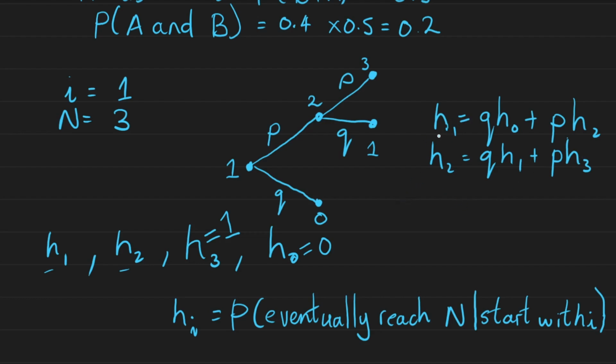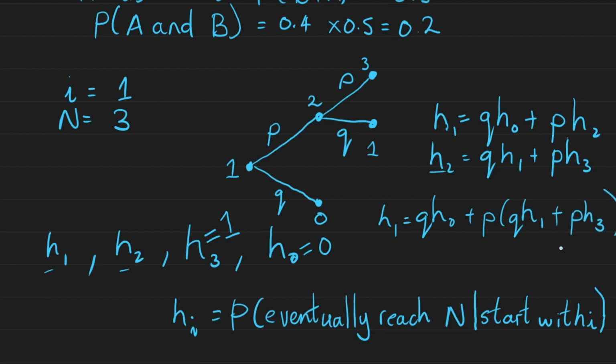So we can write these equations and completely solve all of them, because we can substitute H2 inside equation 1. If this is equation 1 and that's equation 2, we can substitute H2 inside there. We can say that H1 is equal to Q times H0 plus P into Q times H1 plus P times H3.